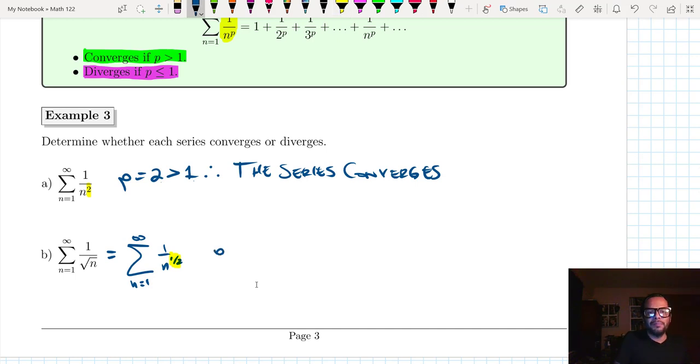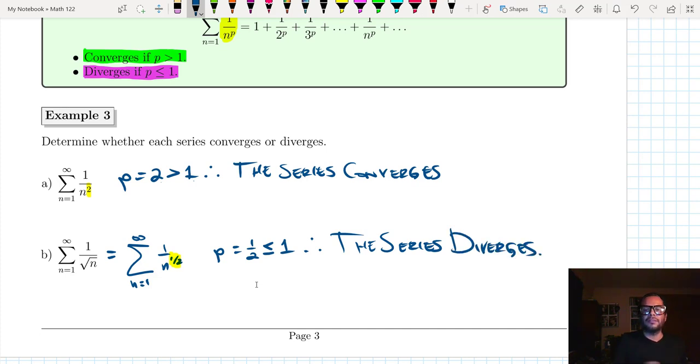In this case, P equals 1/2, which happens to be less than or equal to 1. So the series diverges, because P is a number less than or equal to 1, which happens to be the number 1/2.